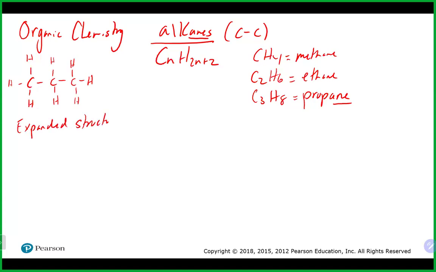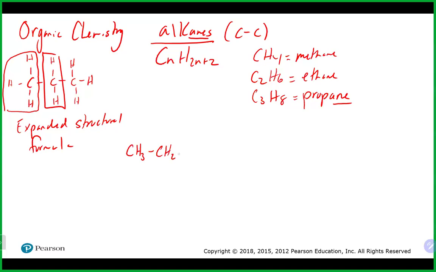We also have a condensed formula where we just don't draw out the hydrogens. So something like this would be a carbon with 3 hydrogens, next to it a carbon with 2 hydrogens, and lastly a carbon with 3 hydrogens at the end there. And that is what is known as the condensed formula.